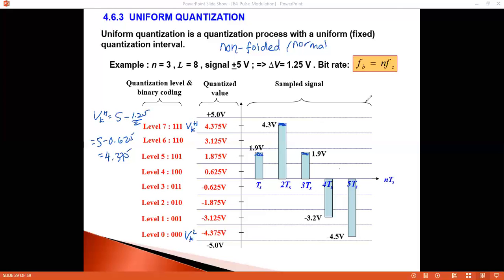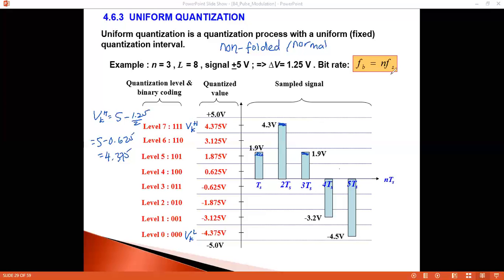Okay. Another thing that I want to introduce is bit rate. For digital communication, our bit rate is N times Fs, where N is the number of bits per sample and Fs is our sampling frequency.